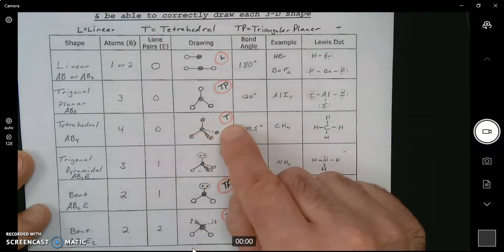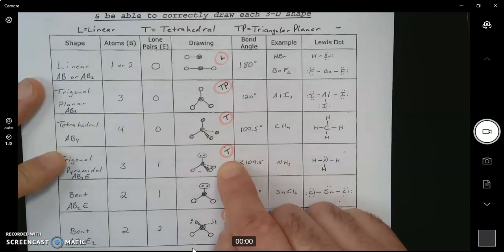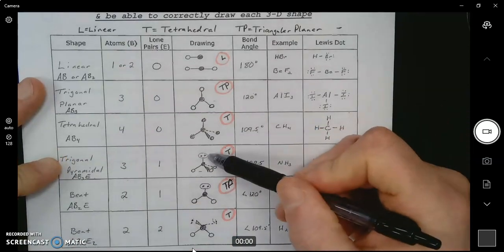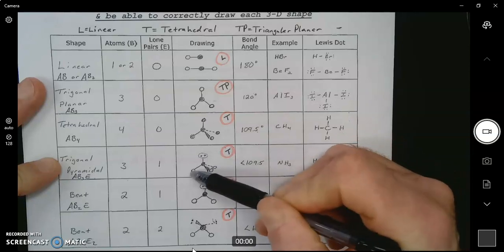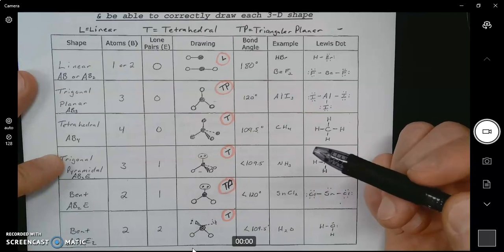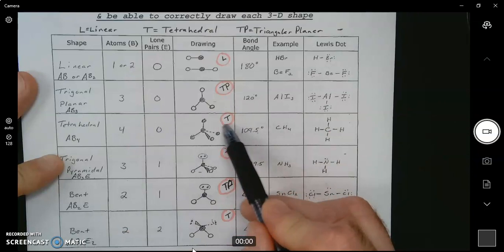That puts us in what we call the tetrahedral family. Another member of the tetrahedral family also has 4 domains. The domains are a little different though, because we have a lone pair of electrons, that's 1 electron domain, and then we have 3 atoms, that gives us a total of 4 electron domains. If you have 4 electron domains, you're in the tetrahedral family.